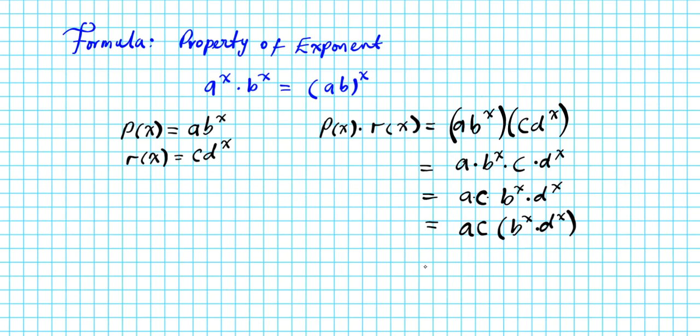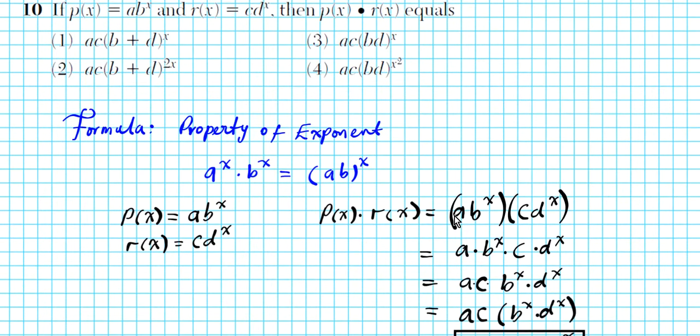It can be rewritten as follows. This can be written as ac times the product of the bases raised to the exponent. Okay, applying the product of powers property of exponents. So there goes your final answer. The answer to number 10 is option number 3.